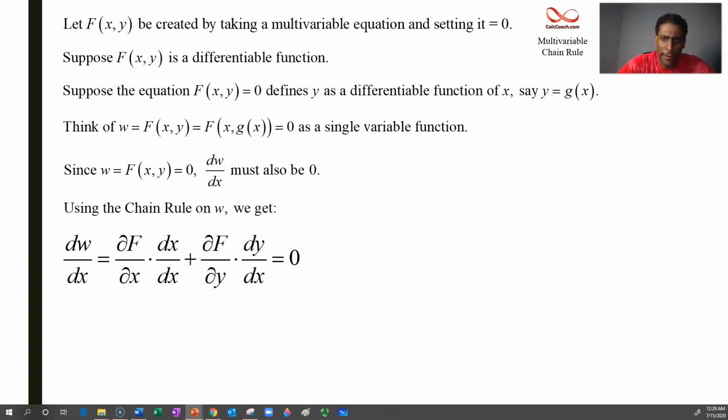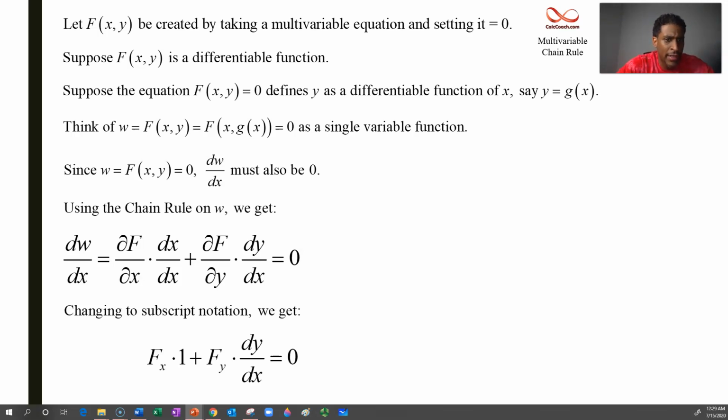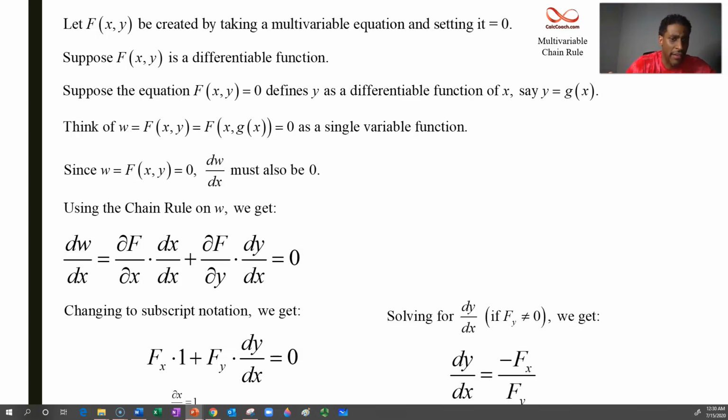And there's this dx over dx. That's just a 1. So that term gives you a 1. And now we can just do algebra here to solve for dy dx. We'd subtract over the fx term, and then we'd divide by the fy term. And so that was just the derivation for the formula.